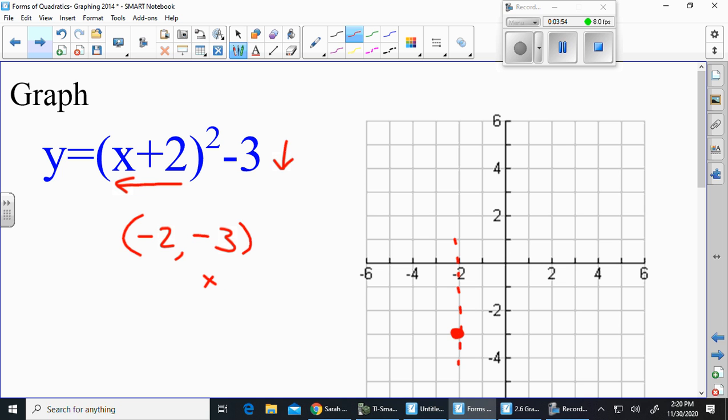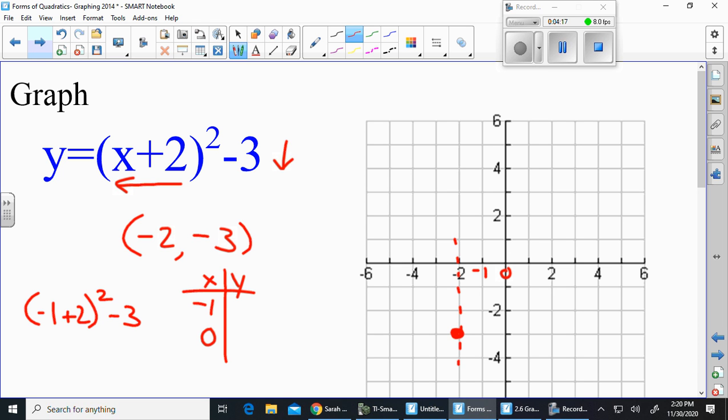One way would be make a table, just like you did before. 2 x values bigger than negative 2 would be negative 1 and 0. Plug them in, just how you see it. So it would be negative 1 plus 2 squared minus 3.